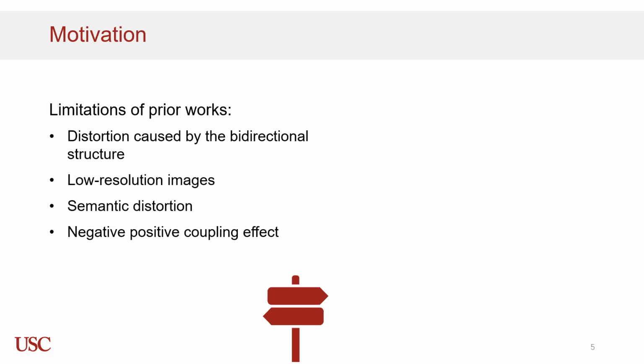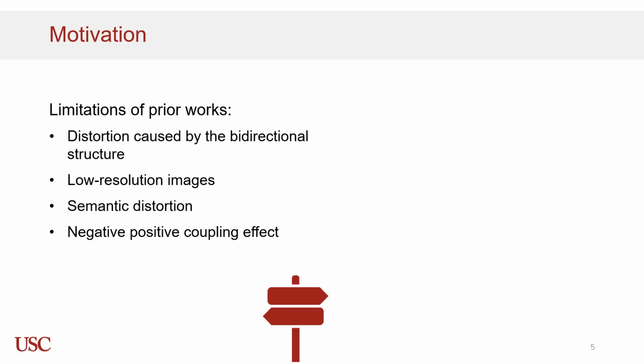For example, the distortion exists by the bidirectional structure, which is the currently most popular strategy. And also currently image-to-image translation methods are only applied on low-resolution images and cannot be applied on high-resolution images.